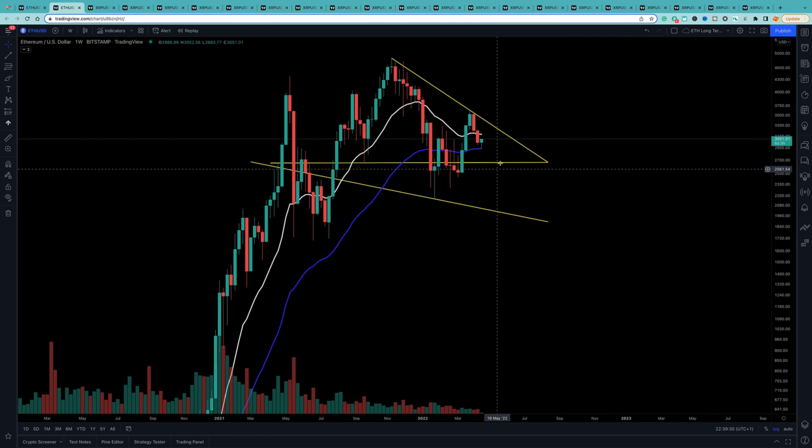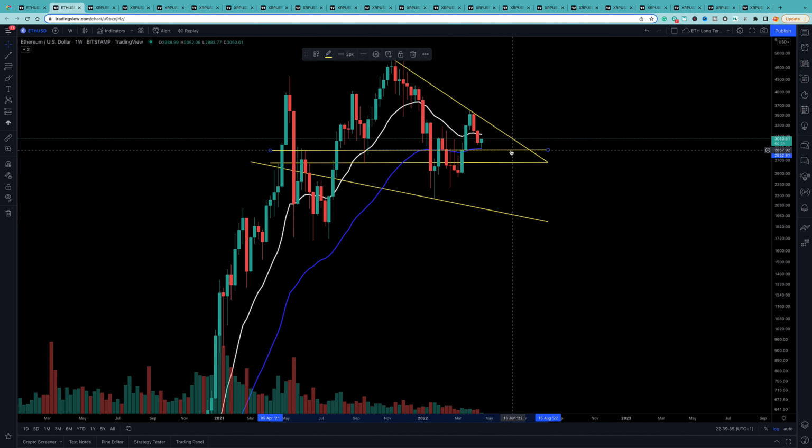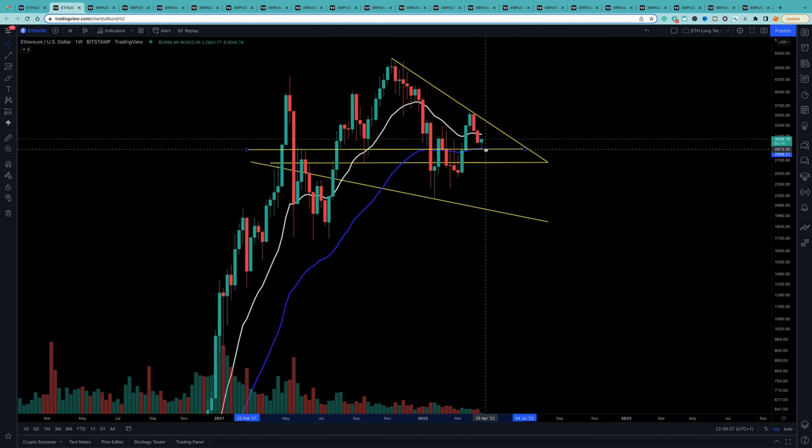There we go. Okay. And I think, do we have a second line here? Again, I think, there we go. Resistance, support, support, nearly support, support here, resistance here, support here, support here.